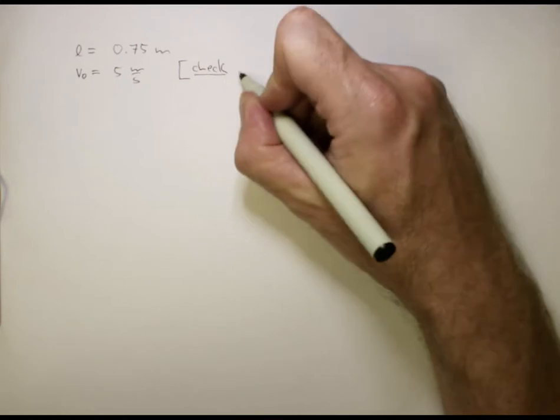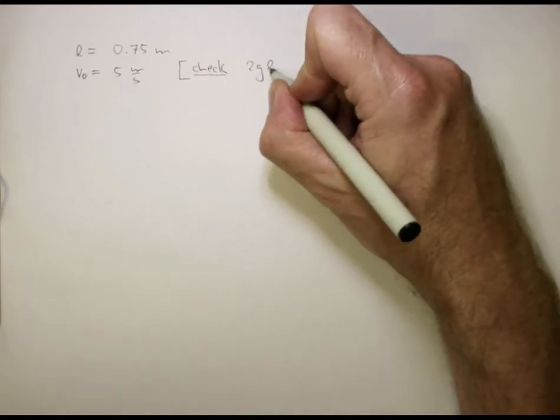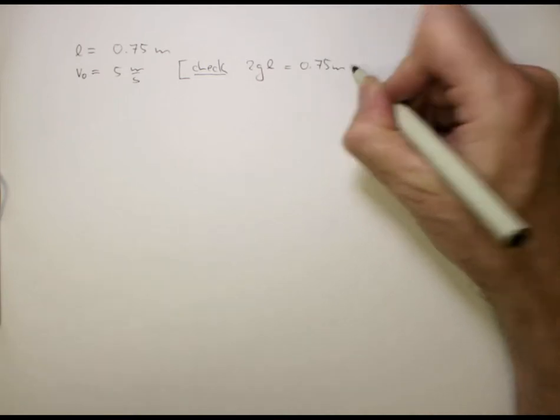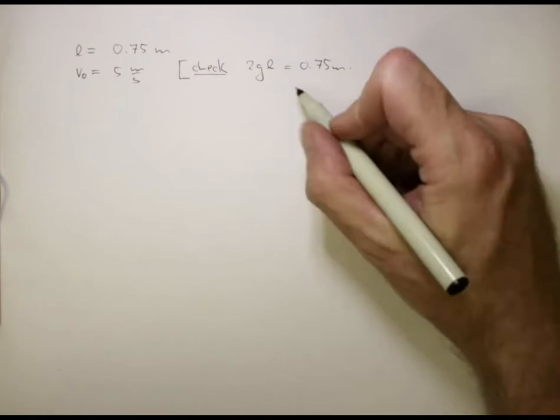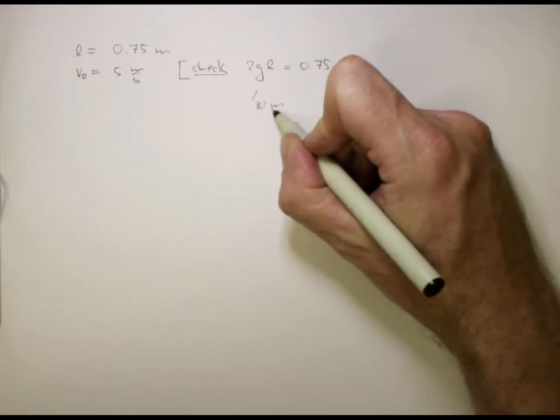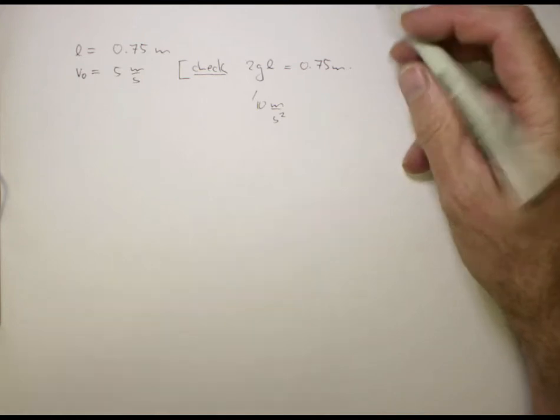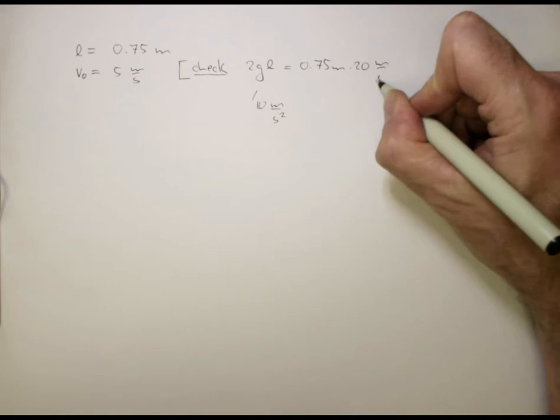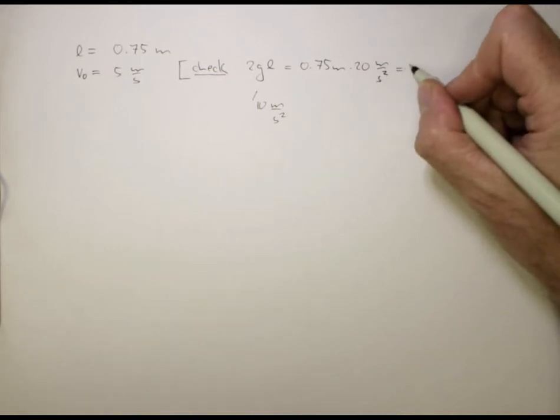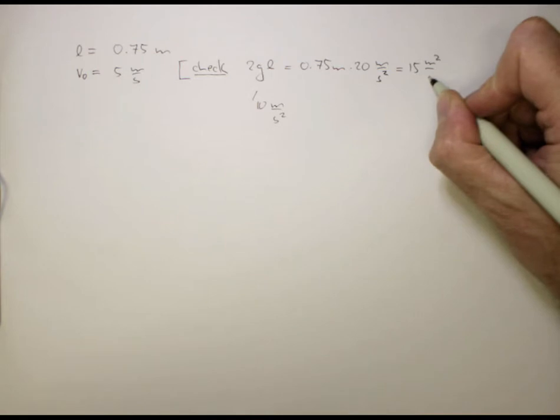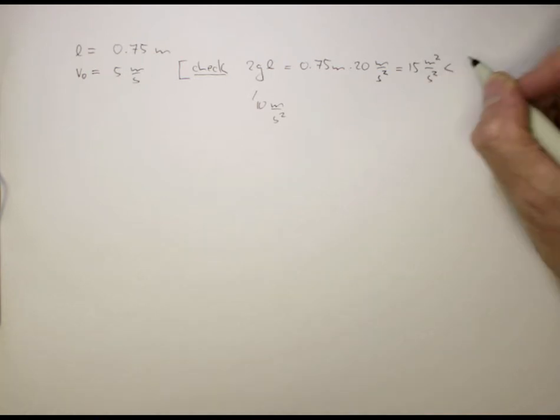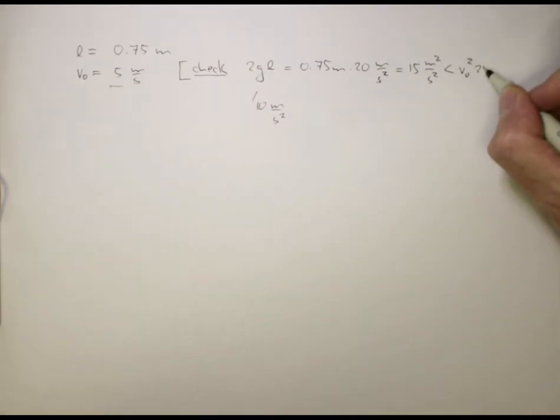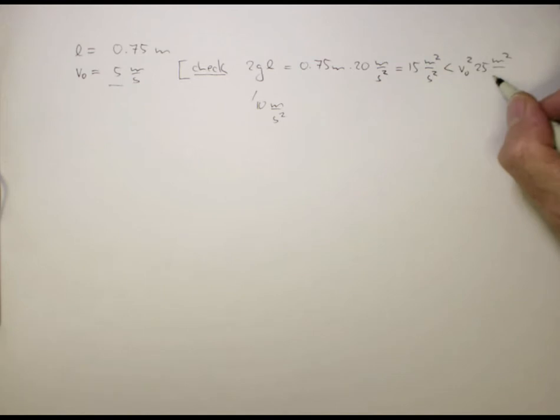We concluded a moment ago that 2gL, which in this case is 0.75 meters times 2 times g, let's assume g is 10 meters per second squared for this estimate, then 2 times that is 20 meters per second squared, and we obtain 15 meters squared per second squared, and that is smaller than v0 squared, which is 5 times 5, 25 meters squared per second squared.